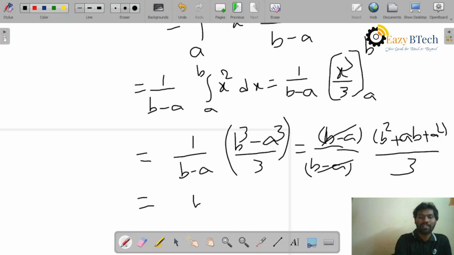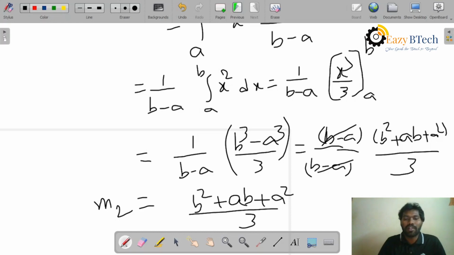It becomes b square plus ab plus a square by 3. This is nothing but our second order moment, which is the expectation of x square.